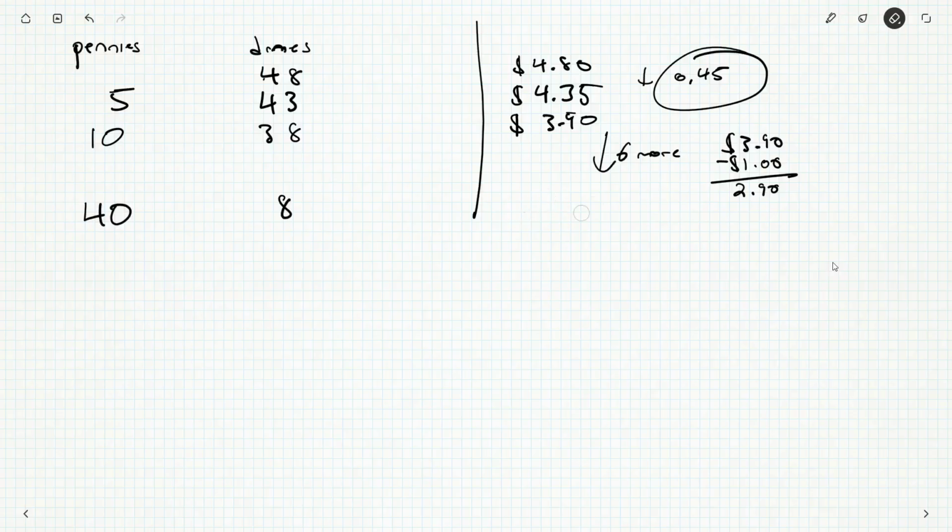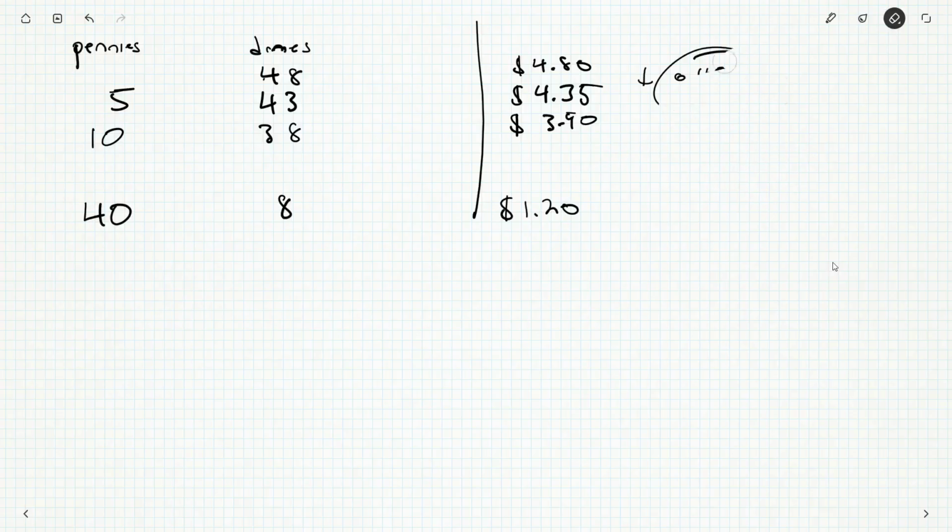And we would be left with 40 cents plus 80 cents, that'd be 120 cents or $1.20. And this is as close as we can get right now. But so if we changed another 5 dimes into 5 pennies, we'd be down at 0.75.